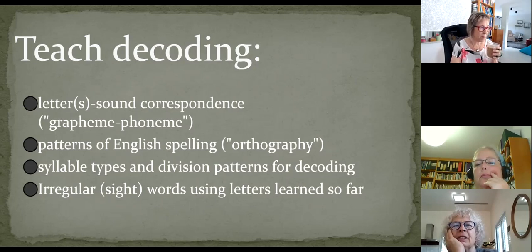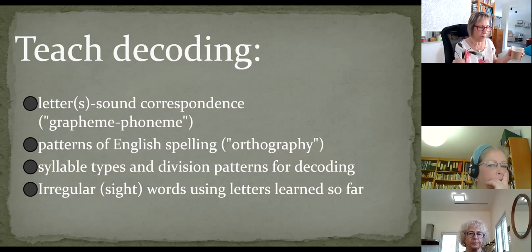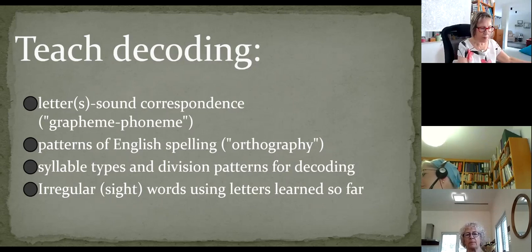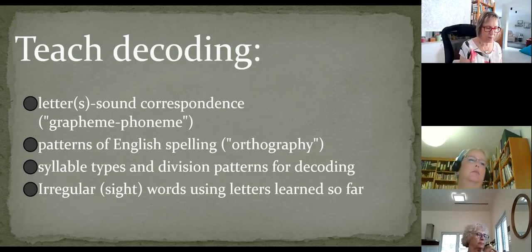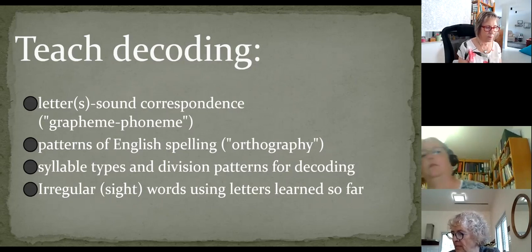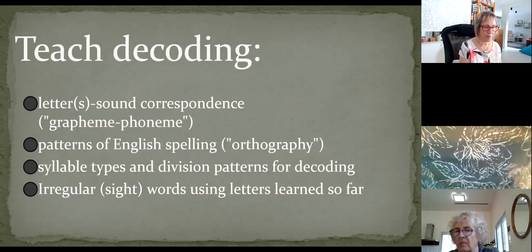We teach students something that some people think is too hard for struggling learners, but we teach types of syllables and how to divide syllables to help in decoding, because the idea is that if you give them tools that they learn once, then they can use them in every word. They can apply it in all the words, and they don't have to learn every word individually, how to sound it out. And of course, there are always words that don't follow the normal patterns.